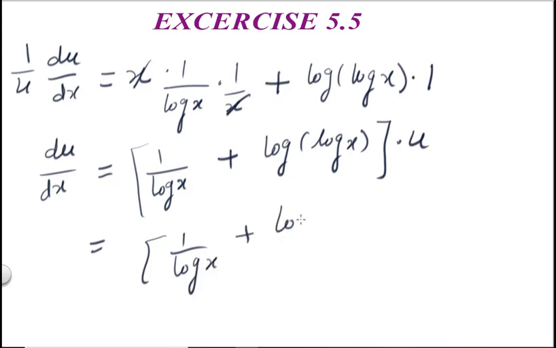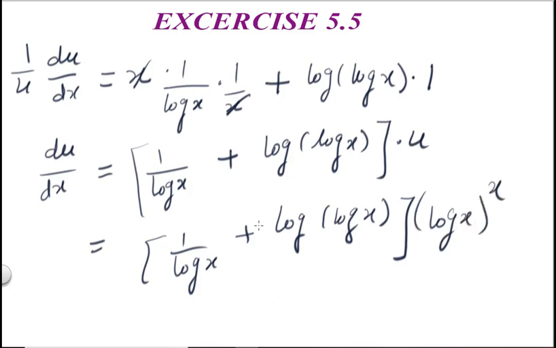Now you can take the LCM also and write it in a more simplified way, or you can just put your answer like this also. So I just put the value of u here. So what we have got? We have got du by dx from here. Let us name it as equation number 2. Clear? Similar way we are going to solve for v. Let me show you how we will be solving for v.